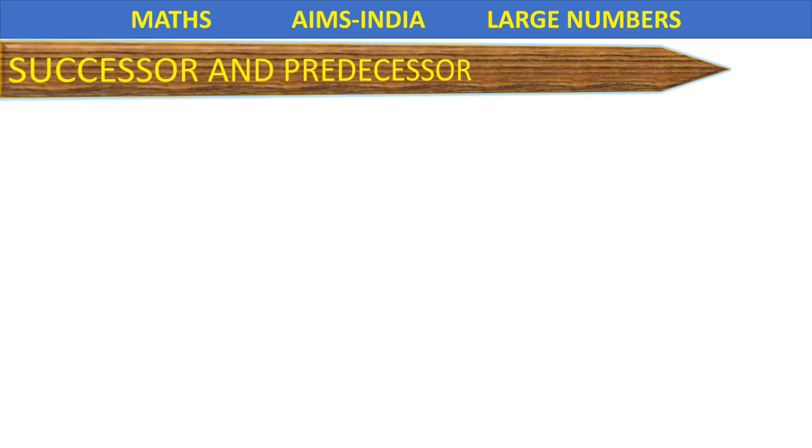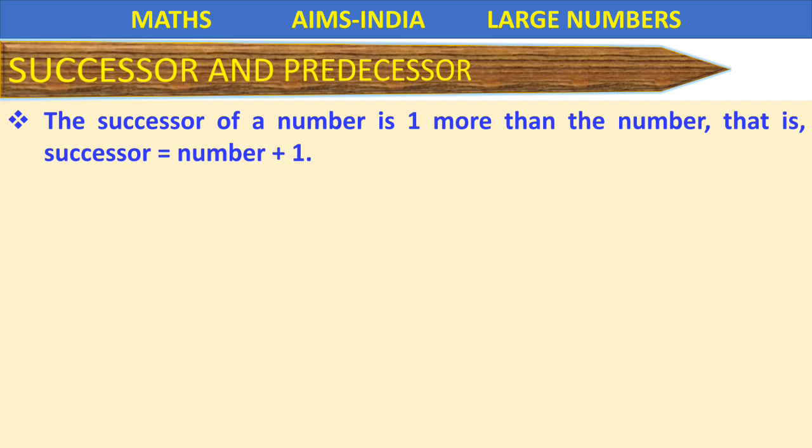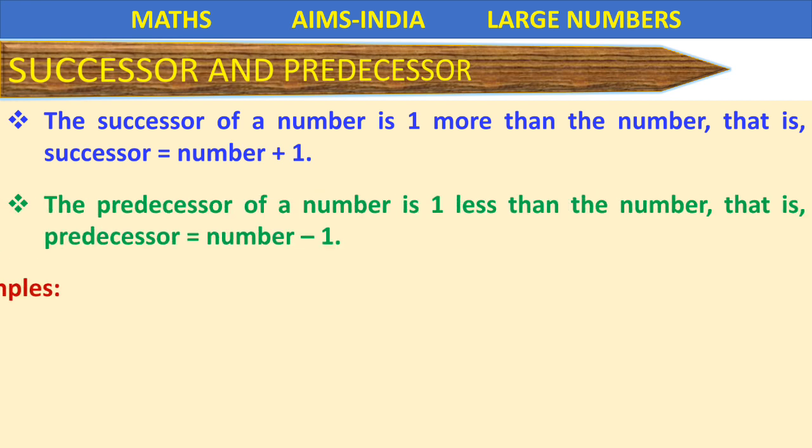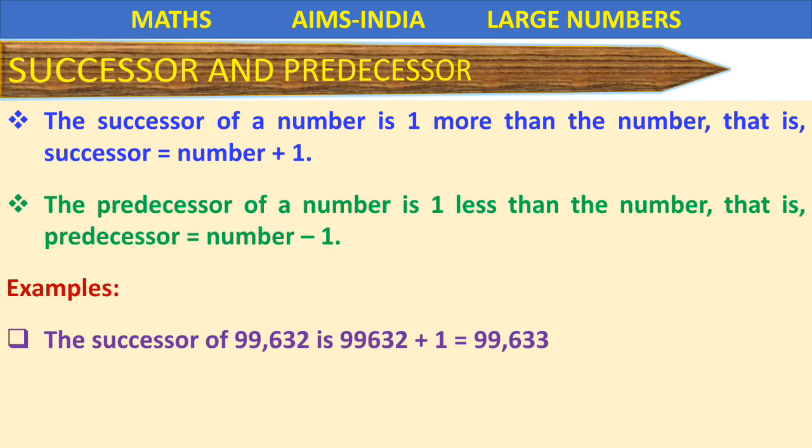Next topic is successor and predecessor. I know that you all learned successor and predecessor in your third class. The only difference here is we are going to learn the successor and predecessor of larger numbers, like 5-digit numbers and 6-digit numbers.